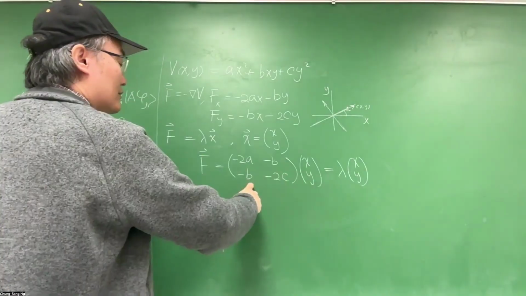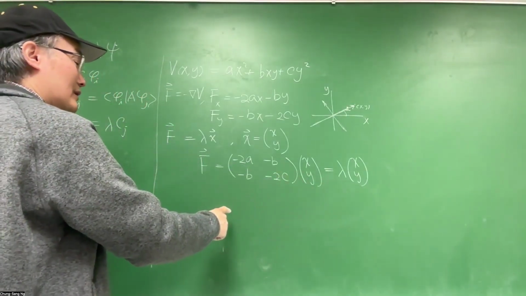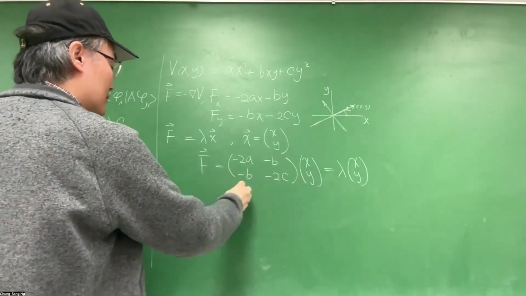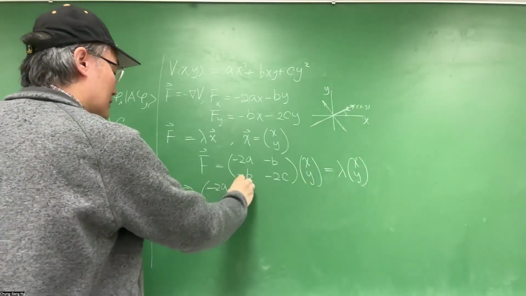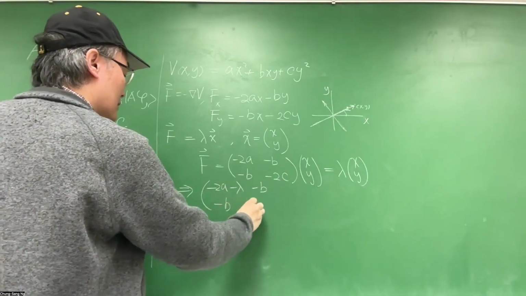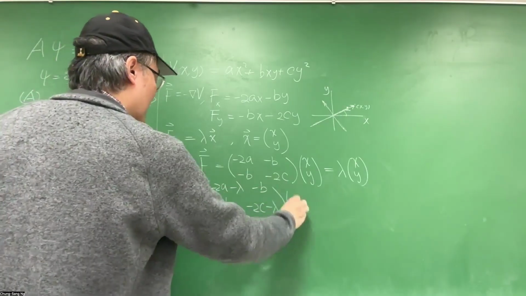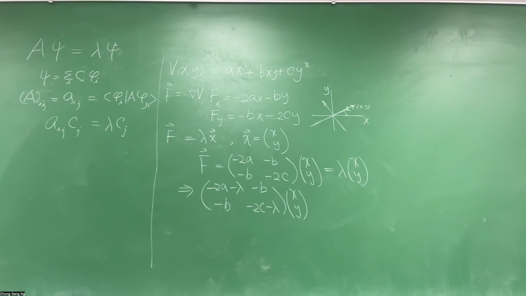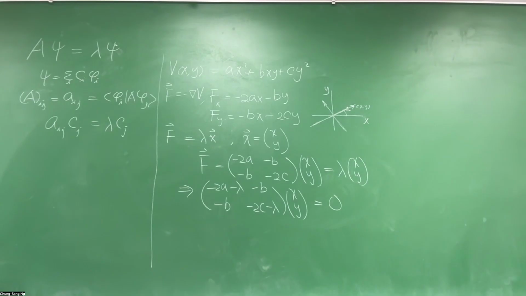Basically, you just combine the left-hand side and right-hand side into a single matrix multiplied by x and y. So this is implied: minus 2A minus lambda, minus B, minus B, minus 2C minus lambda, multiplied by x y, equals 0.